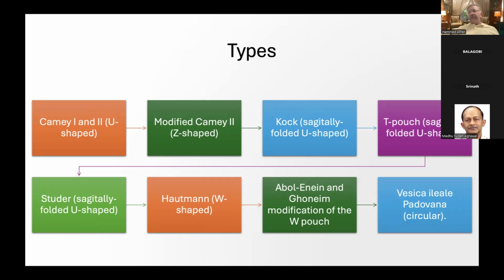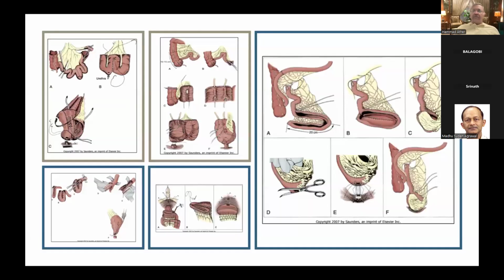The T pouch, which is a U-shaped reservoir, and probably the most commonly used reservoir, the Studer new bladder, is a U-shaped double-folded reservoir. The Hautmann W, and the modification of Hautmann W by Abol-Enein and Ghoneim, the W-shaped bladder, and the VIP, which is the Vescica Ileale Padovana, the Italian bladder, which is a circular bladder. So these are some of the examples.